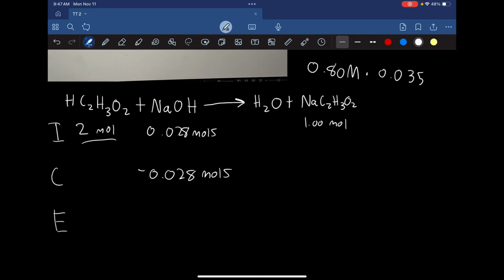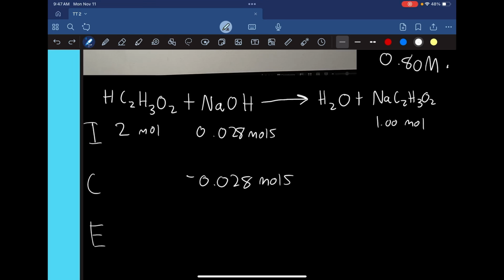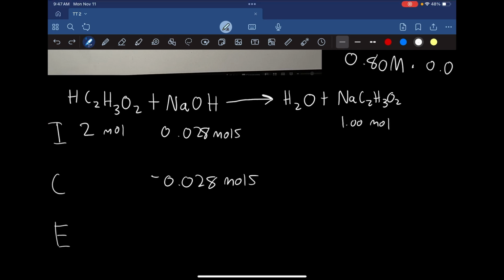This is at 2, this is at 0.028, and this is at 1. So 0.028 is the least amount, and I'm only talking about the reactant side. It only works for the reactant side.